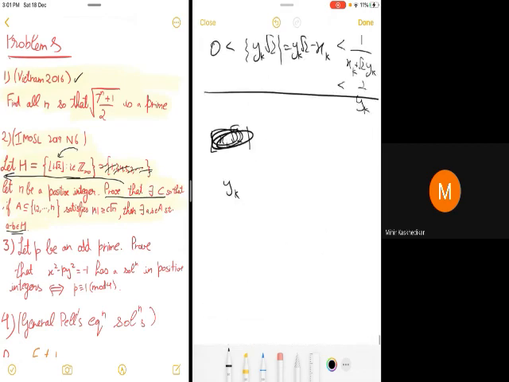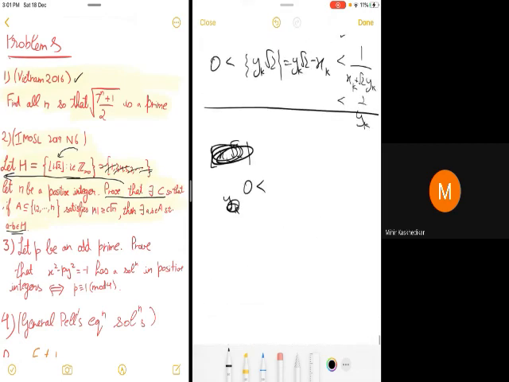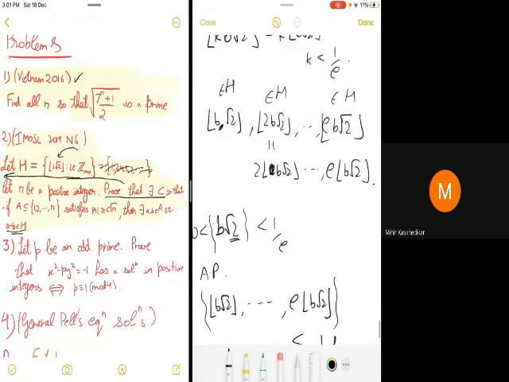So we have this thing, which means that the fractional part is less than 1 by yk, we have a thing of exactly this type.